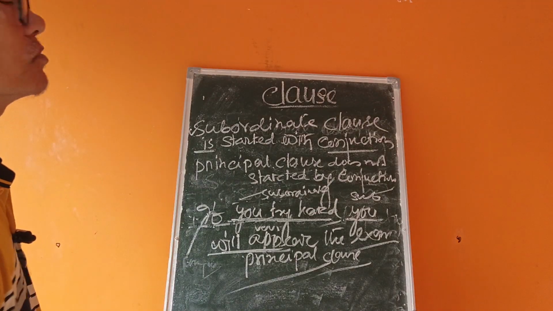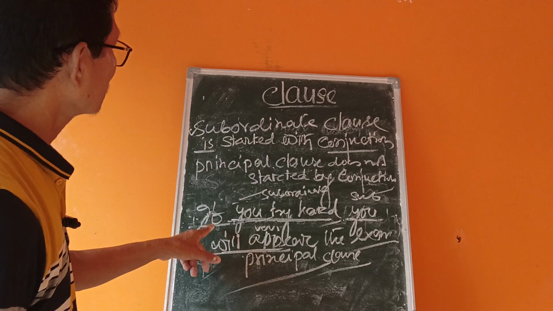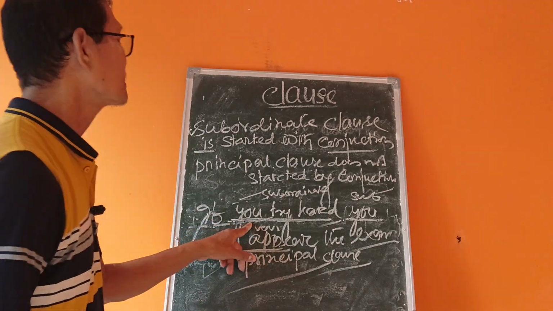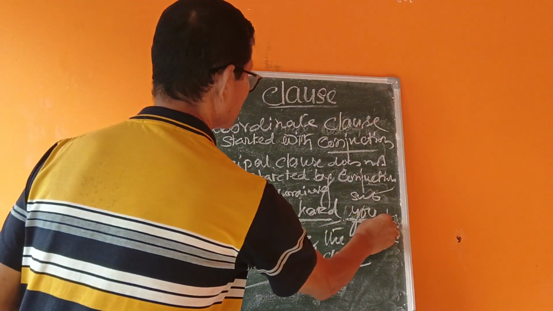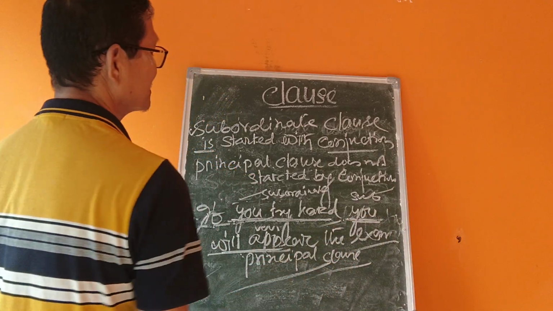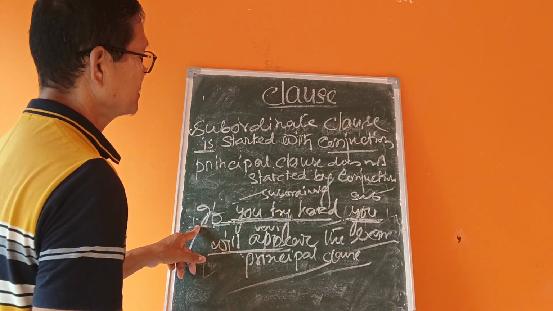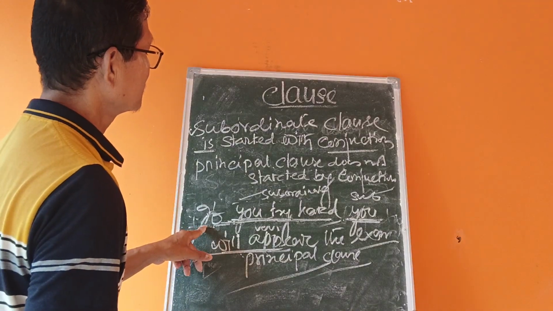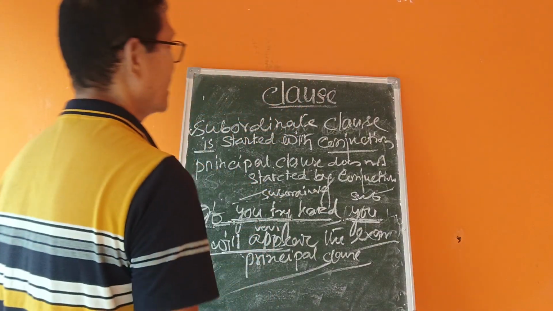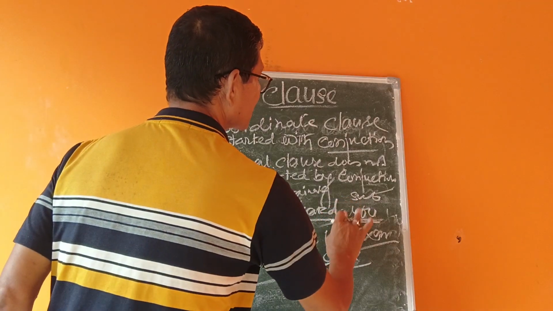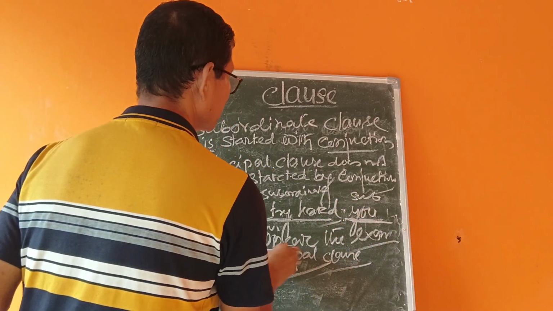If the clause is started by a conjunction, it will be called a subordinate clause. In this sentence there are two clauses. The first is started by if, so we can say this is a subordinate clause. The other is not started by any conjunction, so it is called a principal clause.